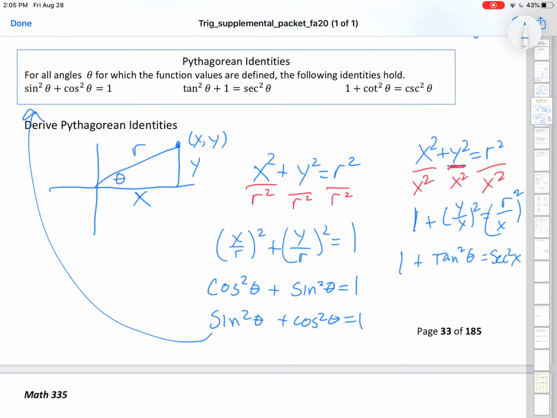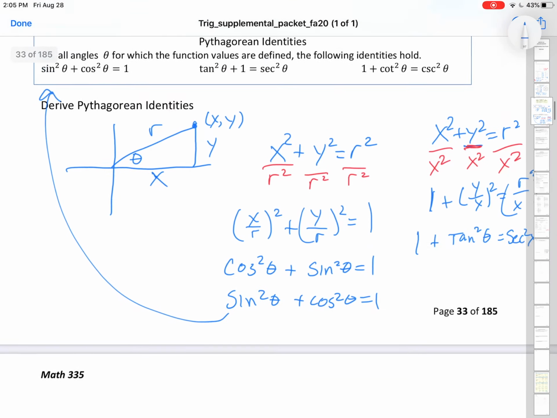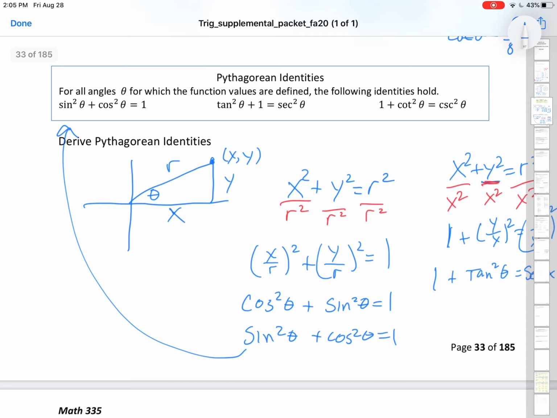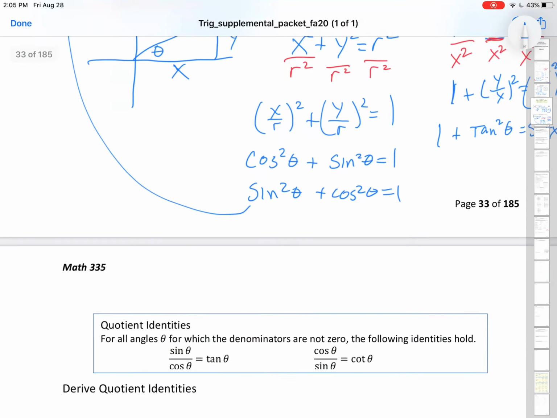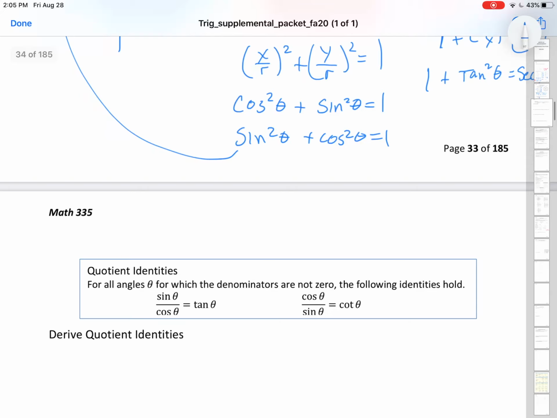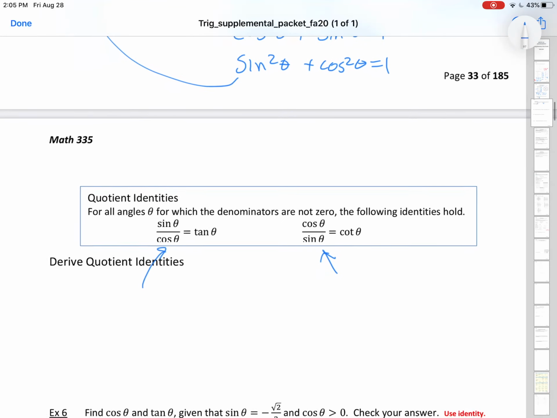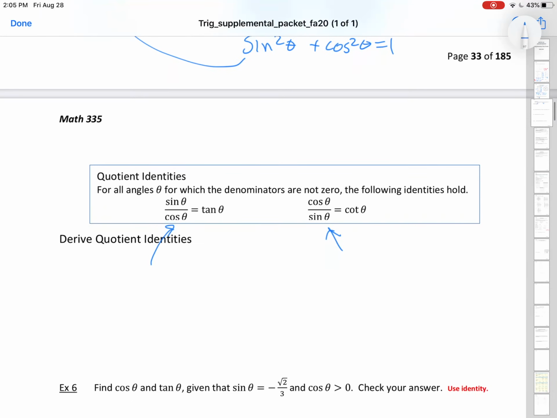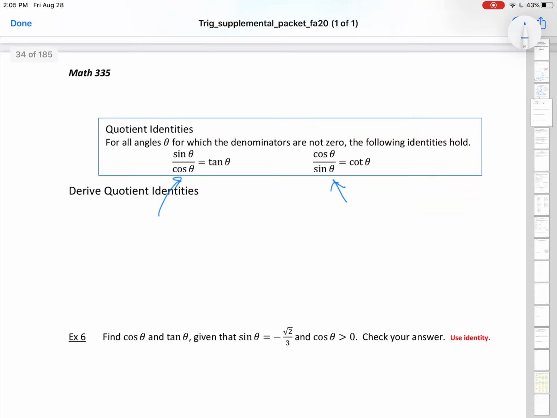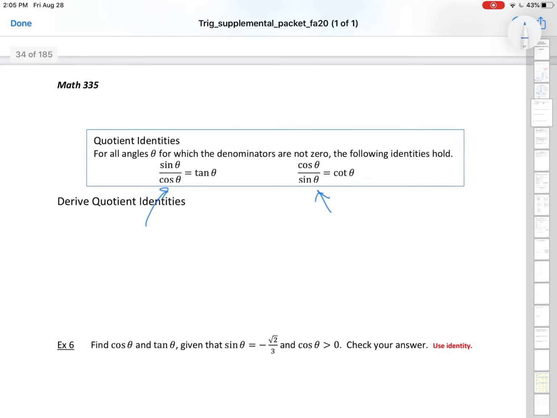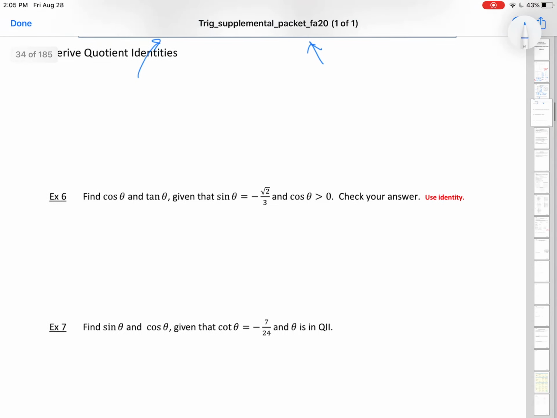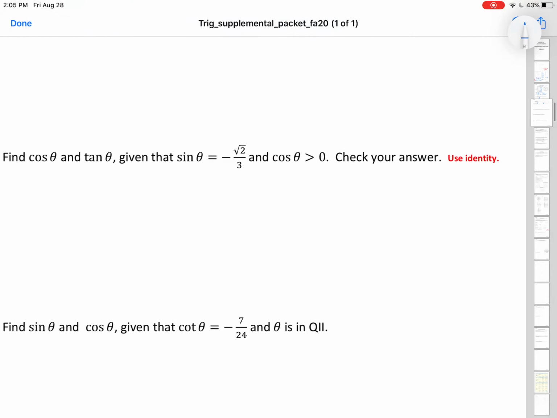Equivalently, you could do the third as well. I typically just memorize the first one. I can easily memorize sine squared plus cosine squared equals 1. Tangent is sine over cosine, and cotangent is cosine over sine. We could easily derive the others in the same way.